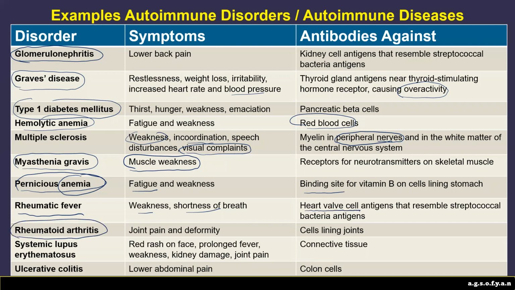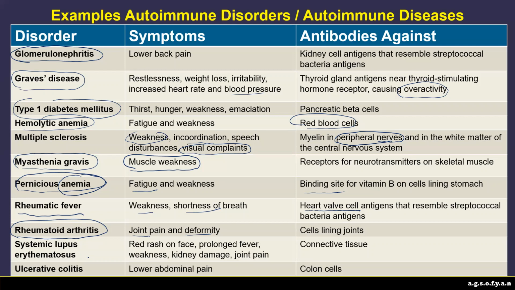This is one of the common autoimmune diseases, especially for older people. They attack the joint tissue. So the joint tissue will be destroyed by IgG. Okay, so it's going to be joint pain and deformity. Systemic lupus. Okay, so this is also common.